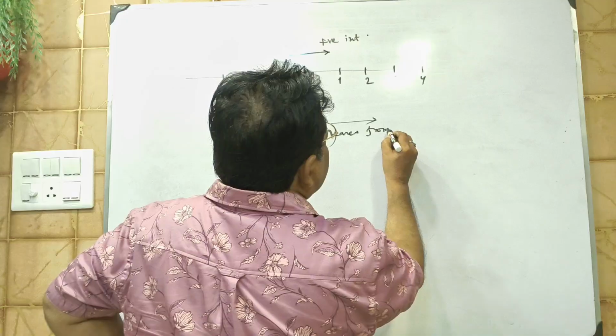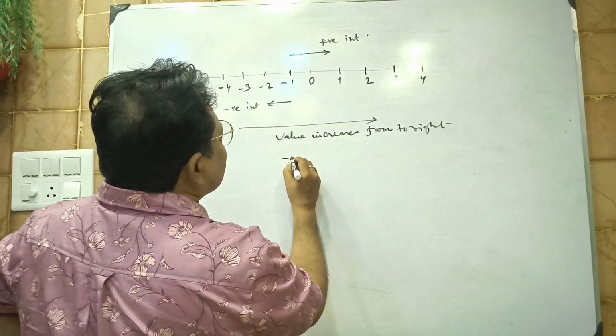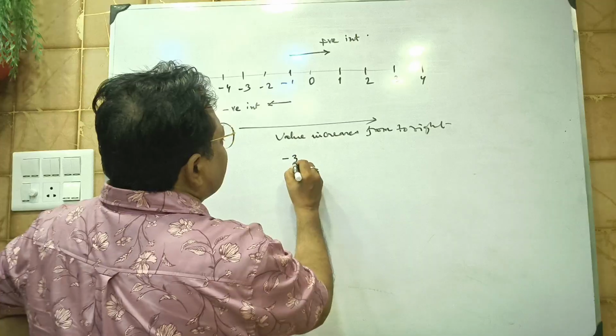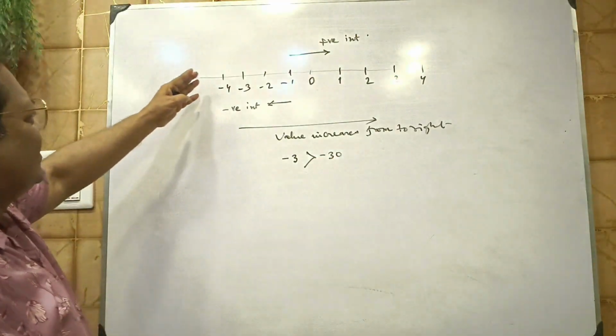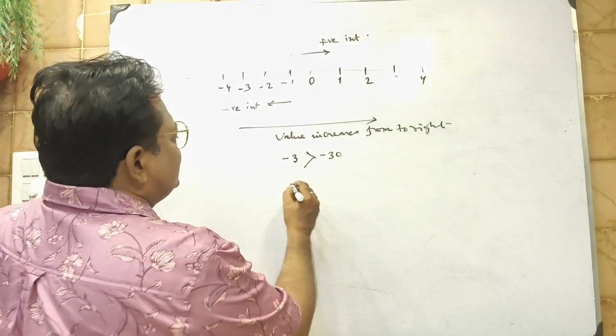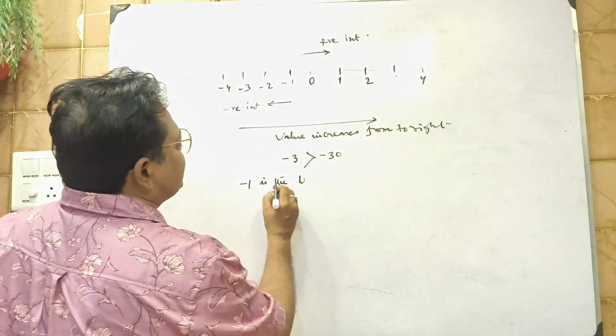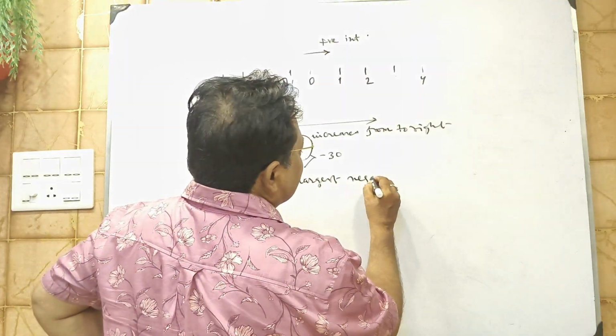That is, -3 is greater than -30, because -30 is on the left side and -3 is on the right side, and -1 is the largest negative integer.